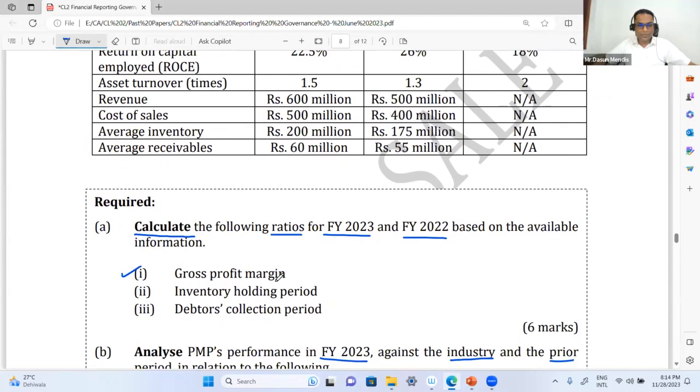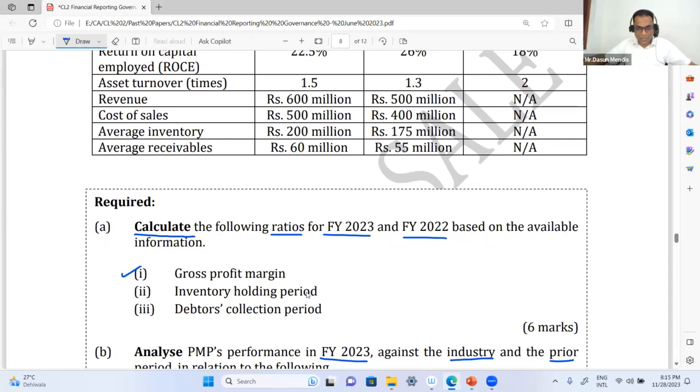Okay. Then inventory holding period. So how to calculate the inventory holding period? How to calculate that? The numerator of the equation is what? Your average inventory.